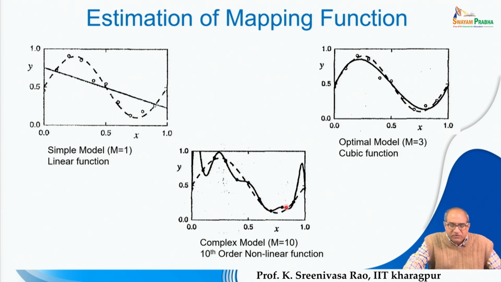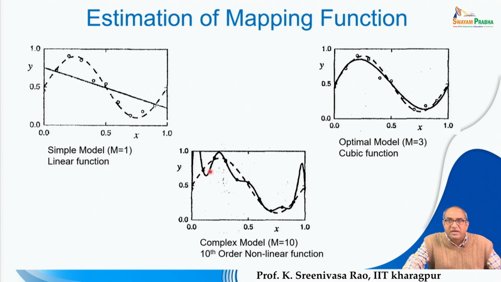But if you choose the 10th order polynomial, you can see that it tries to model the underlying behavior of the system in a very noisy way, because it has a lot of oscillations. It tries to make the function pass through every data point.